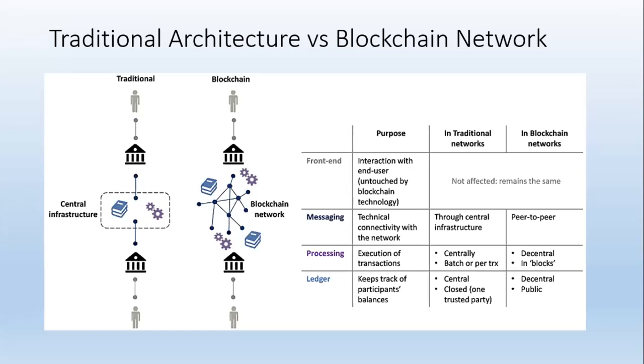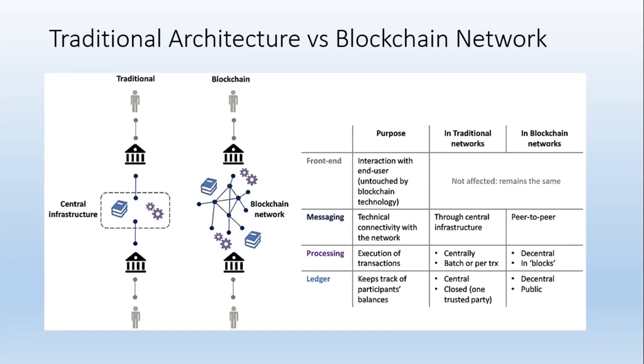But the way the message passes from one node to another node, in traditional architecture, is through central infrastructure, because there will be some central authority who will maintain the data and who will be a part of the network. Whereas in the blockchain network, there is no central authority. It is a peer-to-peer connection network.